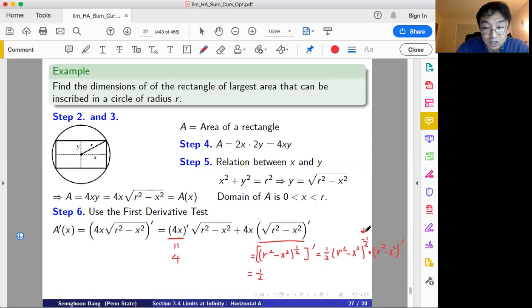I can change the negative exponent to a positive exponent, the 1 over. So we have 1/2 times 1 over the square root of r squared minus x squared, times what is the derivative of r squared minus x squared?